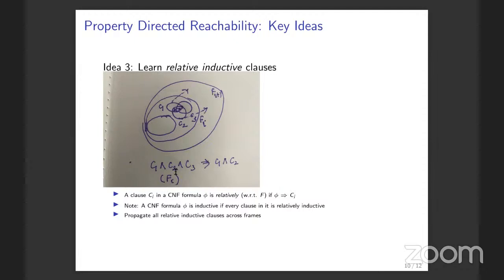So what it does is, a clause Ci in a CNF formula is said to be inductive relative to the entire formula phi if phi implies that clause. Phi, I'm assuming, is a CNF formula, meaning a set of clauses.